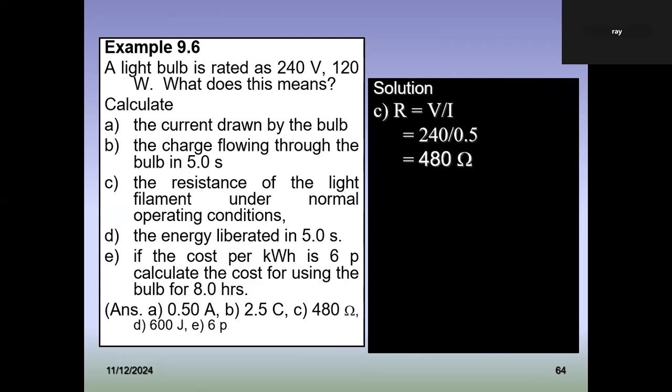Sorry, what's the C answer again? Is it 2.5? Yep. Okay, your charge is 2.5 coulomb. Then use the resistance formula to calculate the resistance. Energy liberated in 5 seconds. 480 volts. Yeah, 480 ohm.